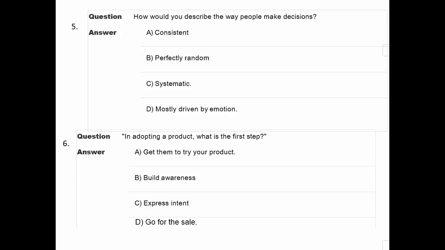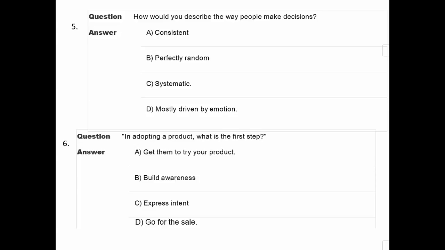How would you describe the way people make decisions? This again comes directly from the lecture, and that's the reason why behavioral rationality works. We talked about 3 types of thinking: people can be rational, they could be behaviorally rational, which means there are inconsistencies in the way people think, or we could be mostly psychological or emotional.